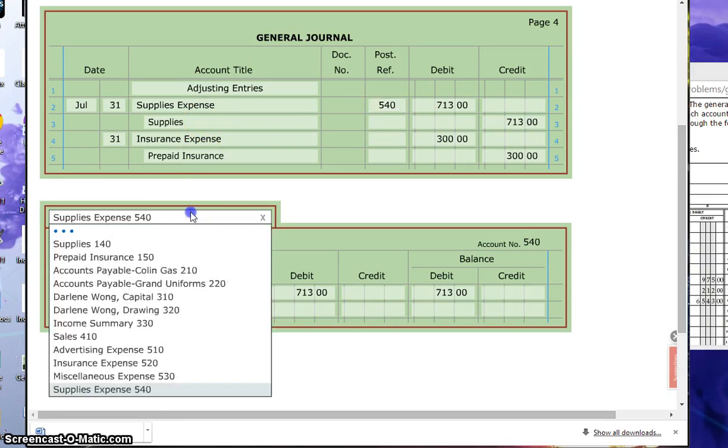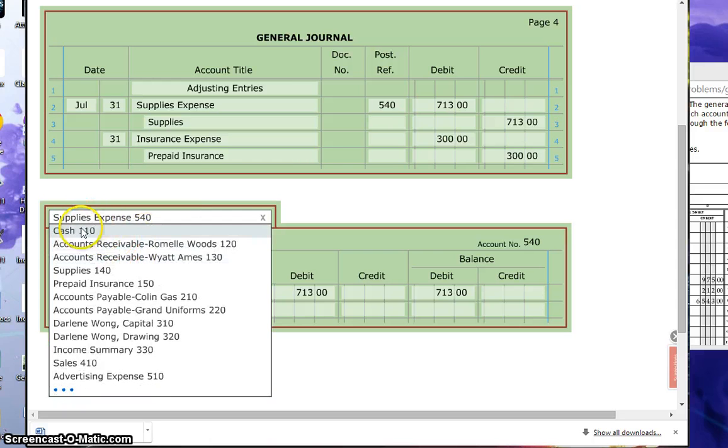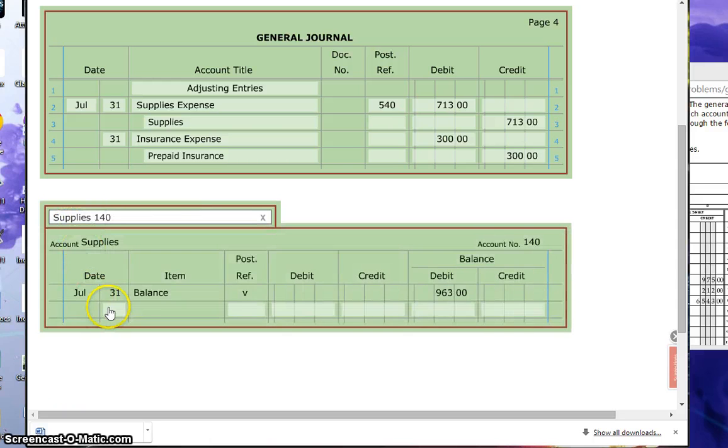We'll do the same thing for supplies. Okay, there's already a balance that was carried over, so now we are going to record this adjusting entry. So it's still the 31st. G4 is our post reference. This is a credit for 713, so we're going to bring our 713 down.